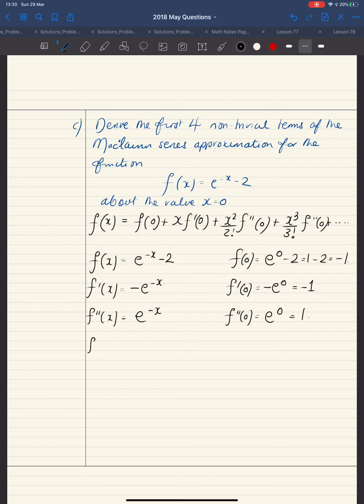And one more, because we need 4. f triple dashed of x is minus e to the minus x. f triple dashed of naught is minus e to the naught, which is minus 1.